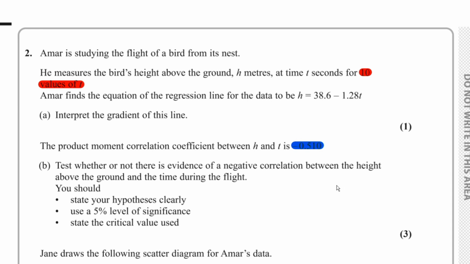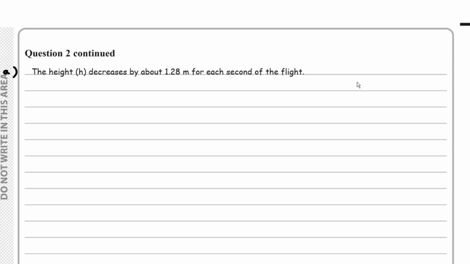Now here we are testing if there is enough evidence of a negative correlation between h and t. So, knowing that n is equal to 10, we have our null hypothesis H0 where rho equals 0, and we have our alternate hypothesis H1 where rho is less than 0.